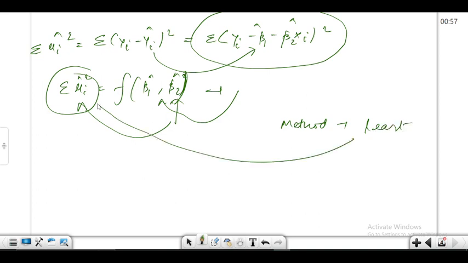Least means we are minimizing this term, squares. We have taken the square of the error term, so this is called the method of ordinary least squares.